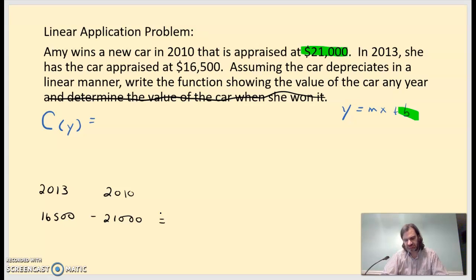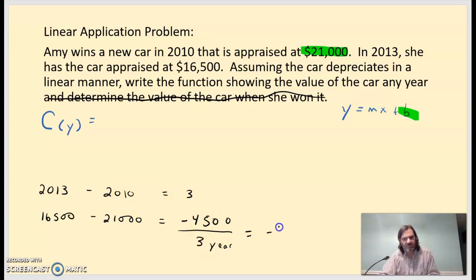If we subtract the 21,000, it went down $4,500. But that was in a time span of 3 years, and we want a rate per year. So we can divide this by the 3-year interval. It went down $4,500 over 3 years, so it's going down $1,500 a year.